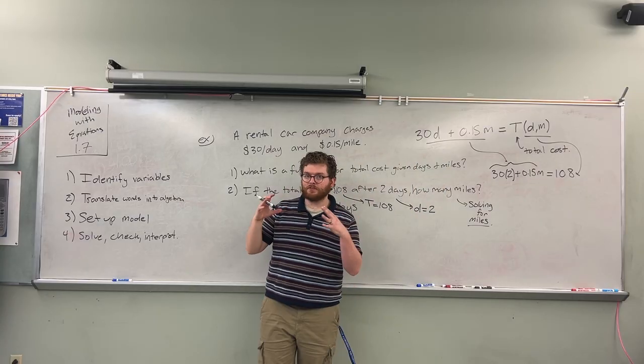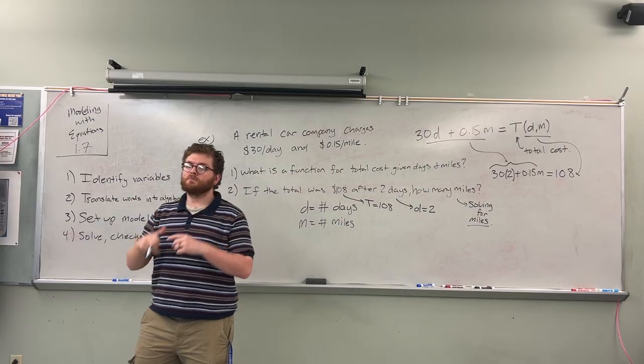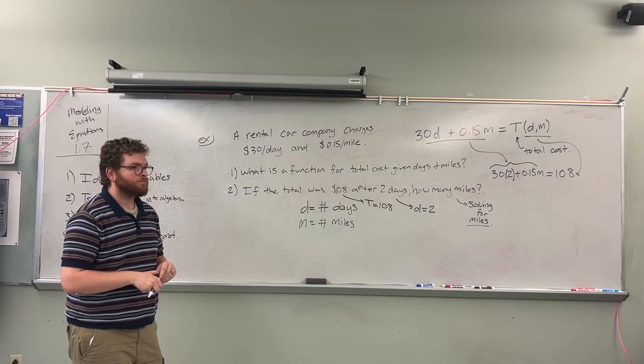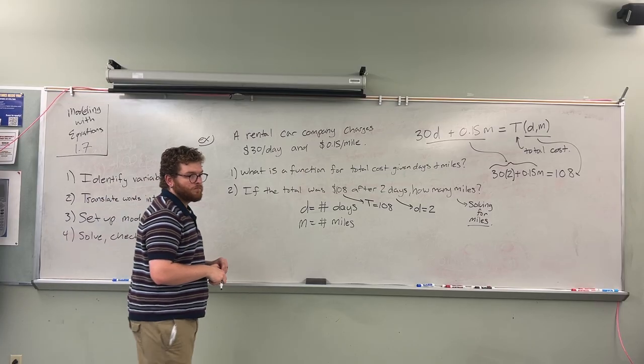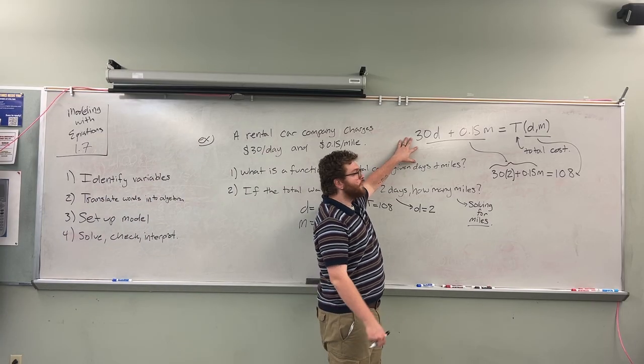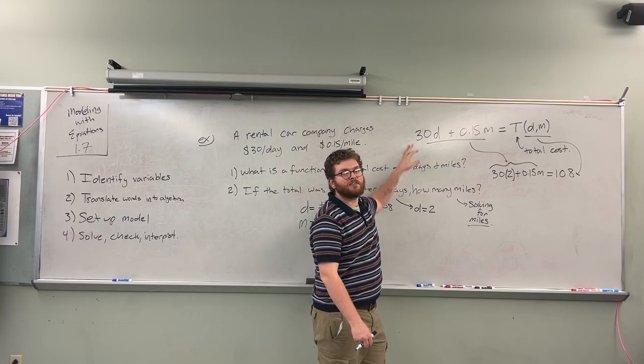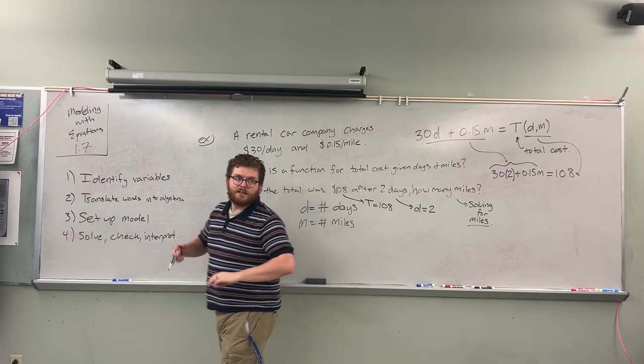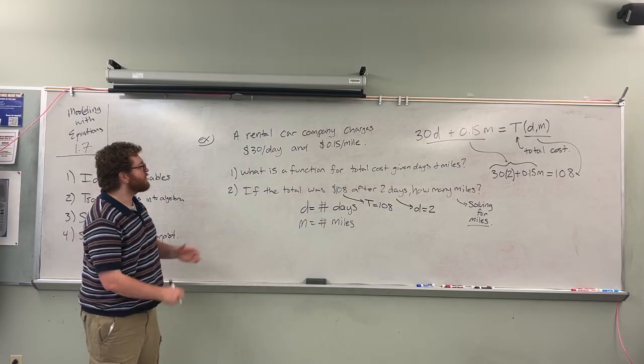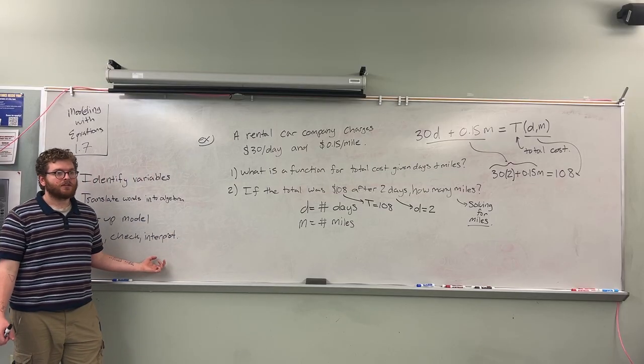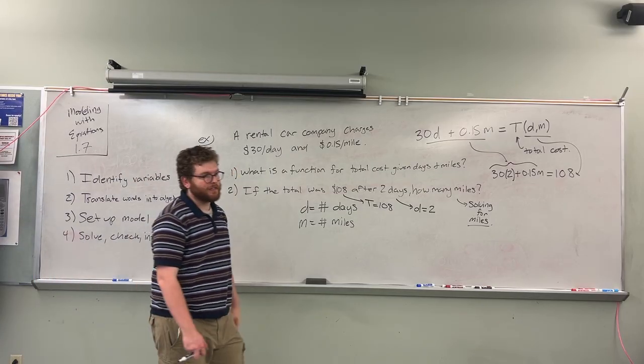So I'm just keeping the left and right hand side the exact same, just plugging in what I've been told. Yes, this is the formula we came up with. Typically you're given formulas, but sometimes you have to make up formulas that match realistically what's going on.